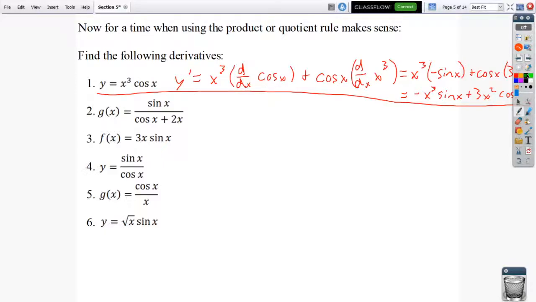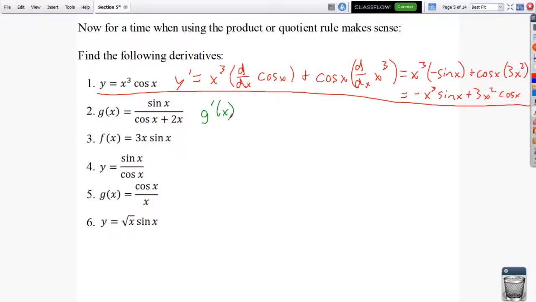Ooh boy, we've got quotient rule. g of x is equal to sine x over cosine x plus 2x. We remember from two sections ago, quotient rule: low d high, minus high d low, over the low, low.